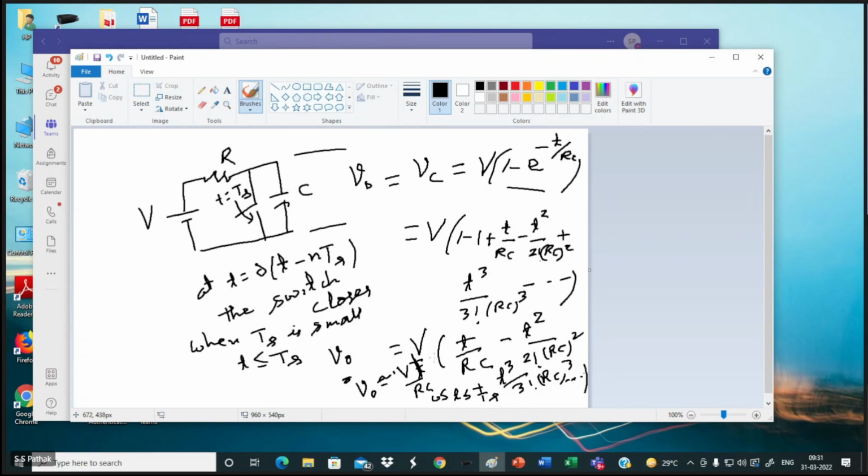As a result, the magnitude of V naught is much smaller than the magnitude of V. So in this process, what am I losing? I am making Ts very small, then the maximum magnitude of V naught will be V applied in very small Ts by RC. Ts is very small, so my V naught maximum is very small.